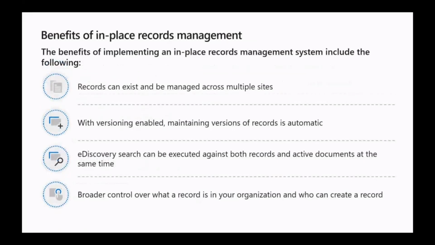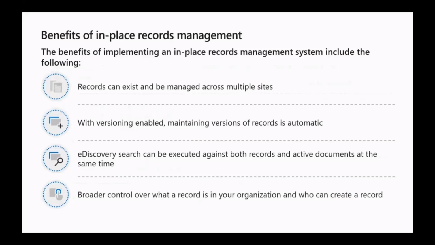Of course, configuring and enabling records management will offer several benefits. Some of these benefits could include, for example, records can exist and be managed across multiple sites, so you can define these rules and policies only one time and apply them in different sites without having to create and assign them manually or individually. And also with versioning enabled, maintaining versions of records is going to be automatic.